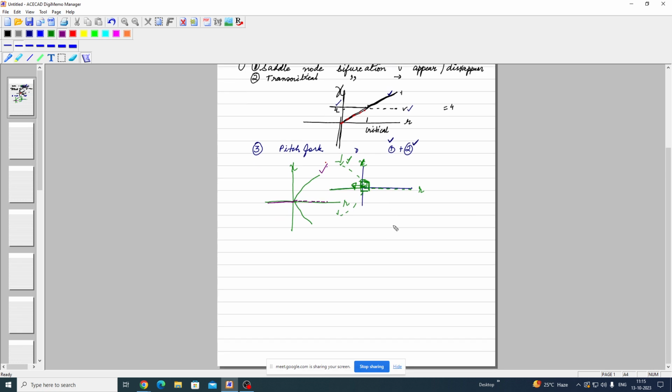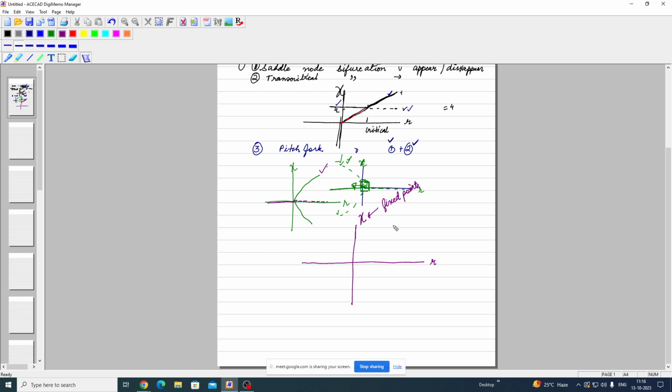Let's say I have drawn my phase portraits for varying values of the parameters. Then draw a simple 2D graph. On the x-axis, write the parameter that you are varying, say r, and on the y-axis you are drawing fixed points. This is very important: you are drawing fixed points on the y-axis.